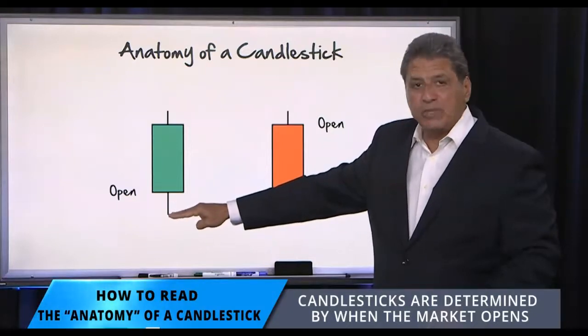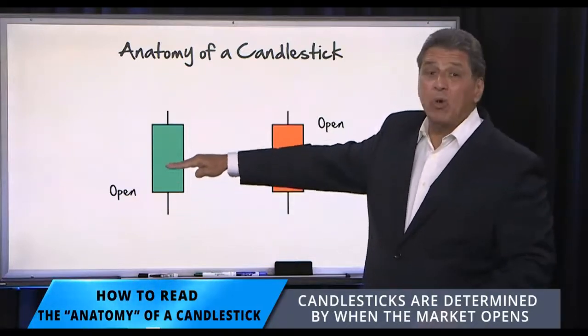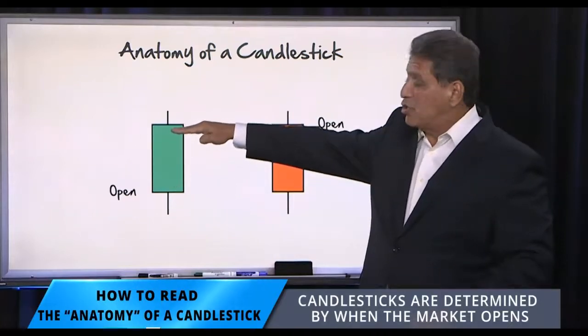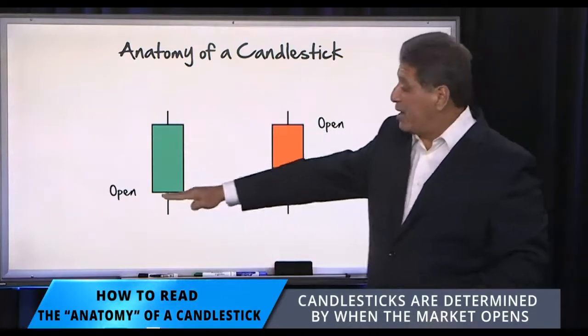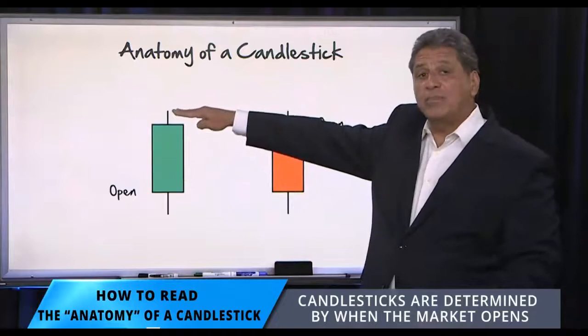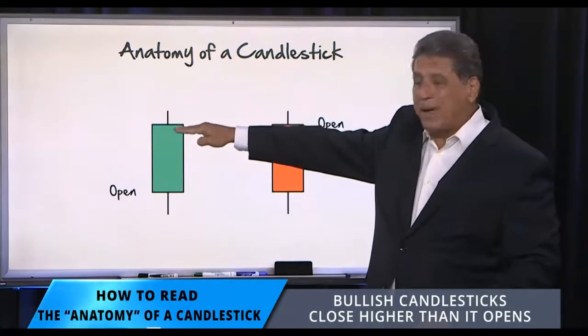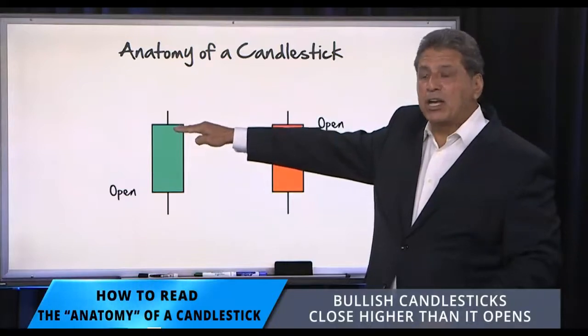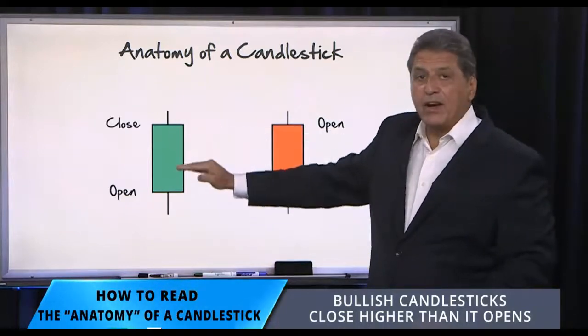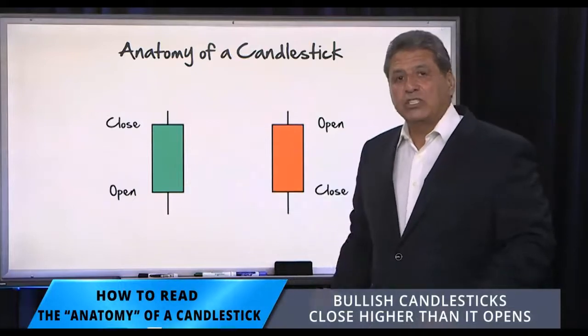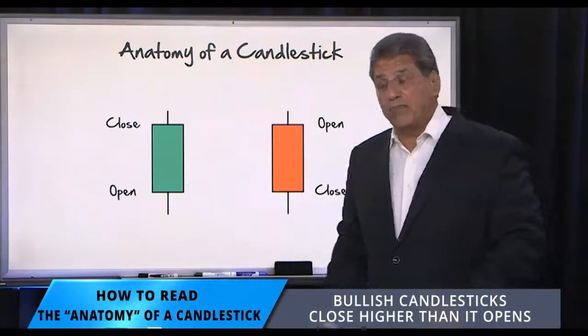But then the bulls jumped in and they started to buy more than the bears were selling, which created what's called a bullish candle. And as a matter of fact, they took prices all the way up to this high during the time period and then brought it back down. And then the market closed right there higher than it opened, which is called a bullish candlestick formation.